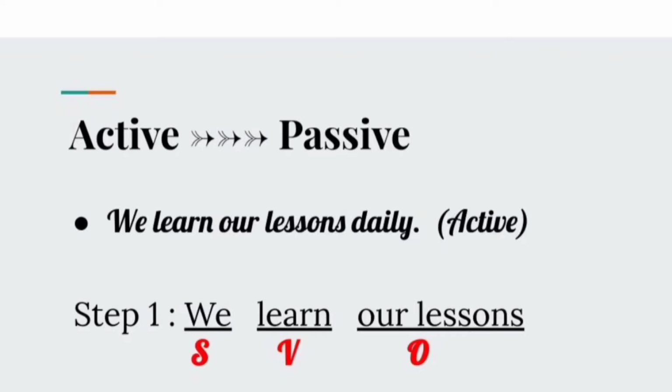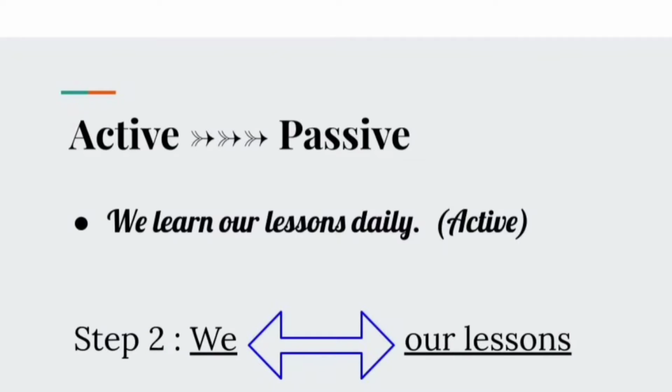We learn our lessons daily. It's an active sentence. Let's convert it into passive form. Step number 1. Identify the subject, verb and object. In this sentence, we is the subject, learn is the verb and our lessons is the object.